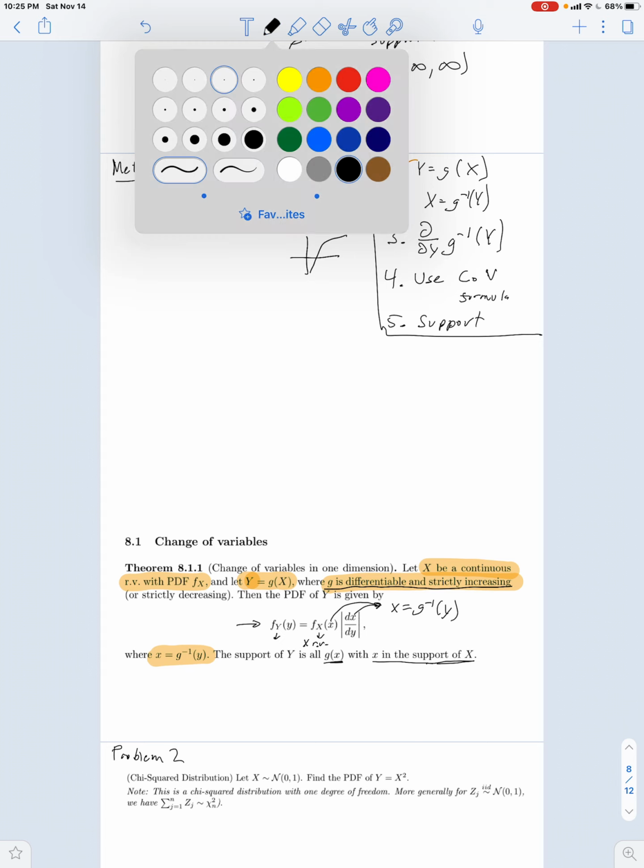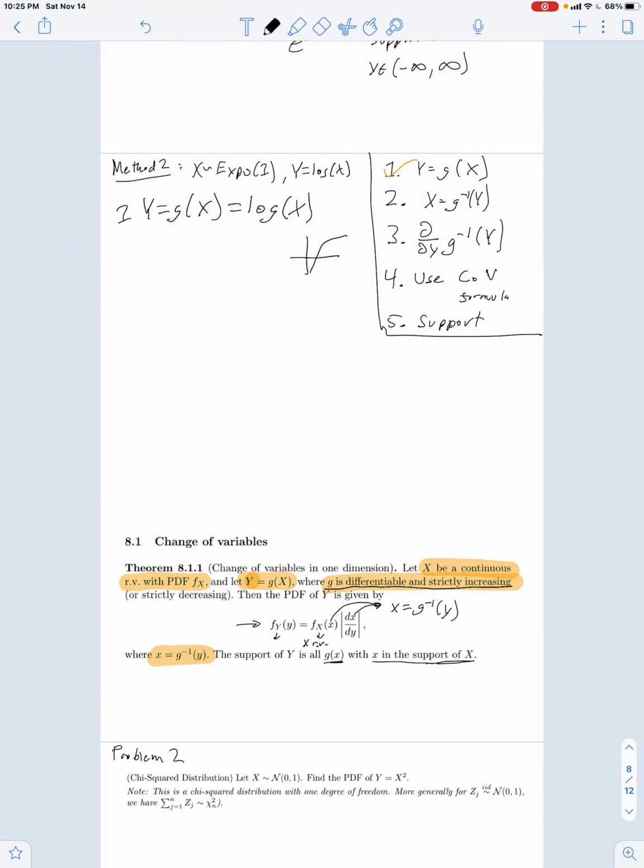Okay, cool. Now, I want to do step 2, which is write x equals g inverse of y. Well, if I want to get some expression for x, I just exponentiate both sides. So that gives me x is equal to e to the y, which means that's g inverse of y.